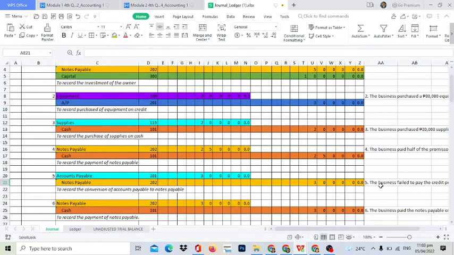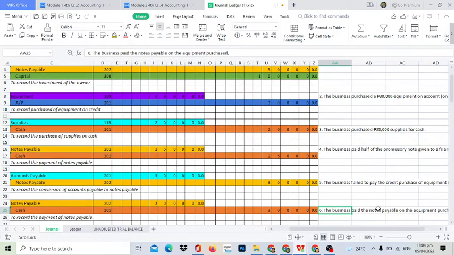According po sa rules ng debit and credit, increasing of liabilities is under credit. Okay, so that's for number 5. Yan po yung nangyari sa transaction number 5. Okay, for number 6, the business paid notes payable on the equipment purchase.